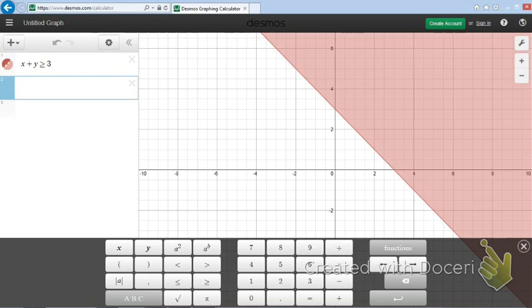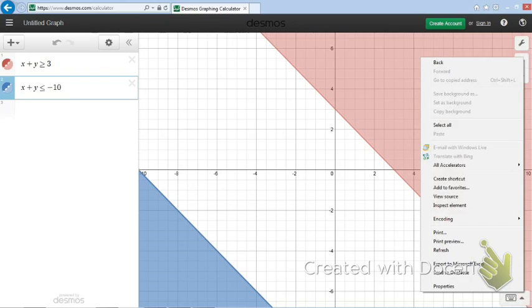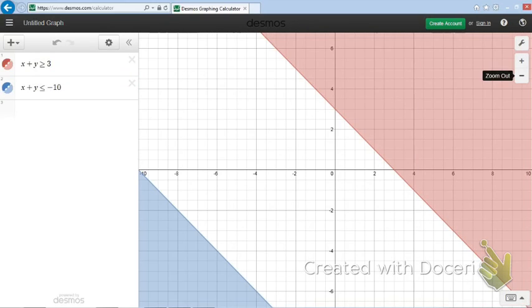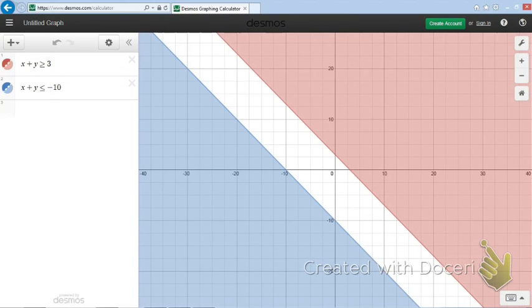And then my second inequality is x plus y is less than or equal to -10. For this one, you can see that there's actually no overlap. There's this big hole in the middle. We've got a shading above and a shading below, but there's no overlap between the two. And that's an example of an empty system of inequalities. And that would probably help you answer number 33.